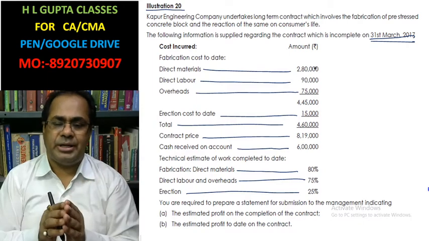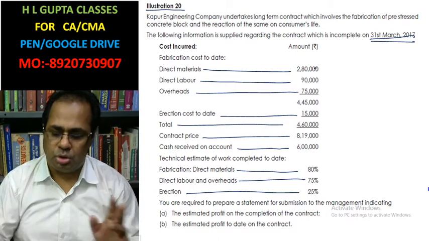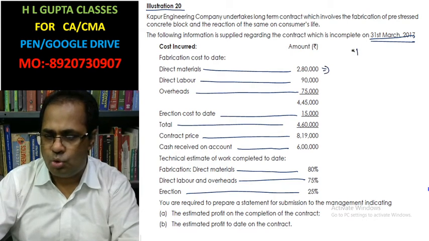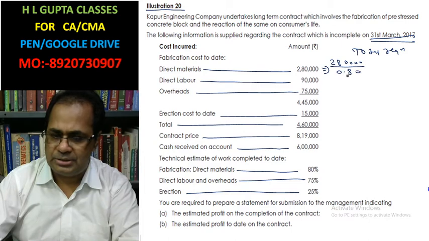That material is up to 80% of the total material required. What will be the total material required? The total requirement will be 2,80,000 divided by 0.80.